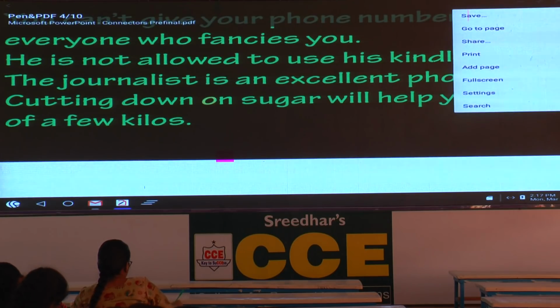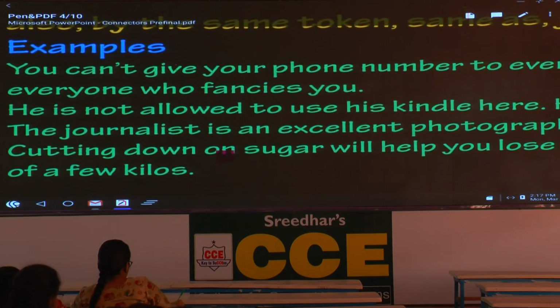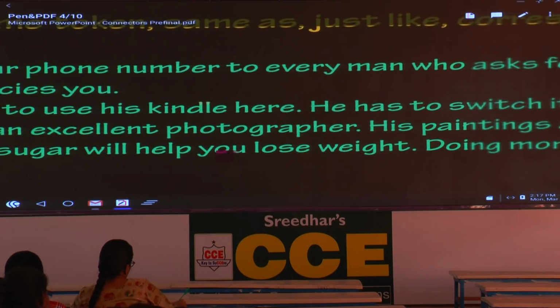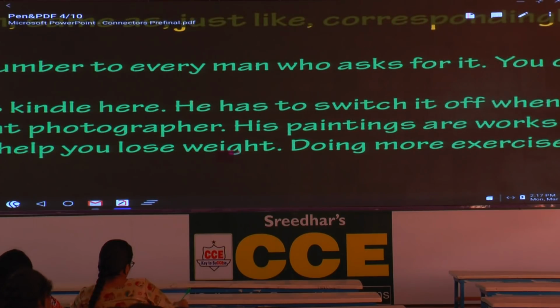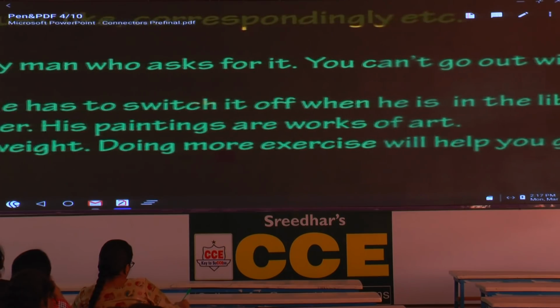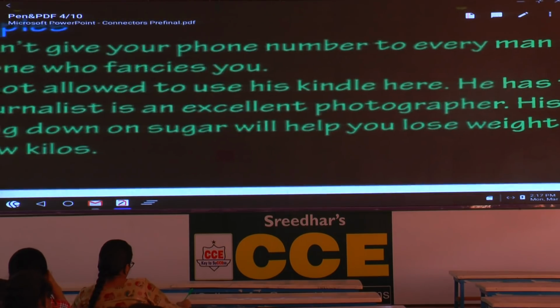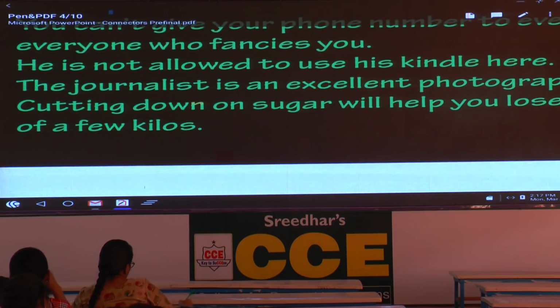Likewise. You can't give your phone number to every man who asks for it. First sentence. You can't go out with everyone who fancies you. Likewise is the connector.